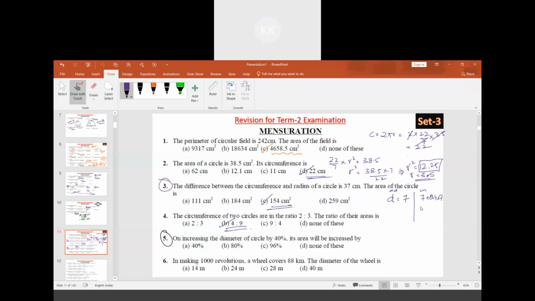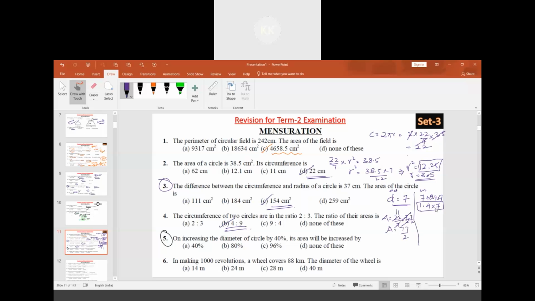So 1.4 into 7 we get. If diameter is 7, area is pi r square, 22 by 7 into 7 by 2 into 7 by 2. 7, 7 cancel, this will be 11 times. Area is 77 by 2.